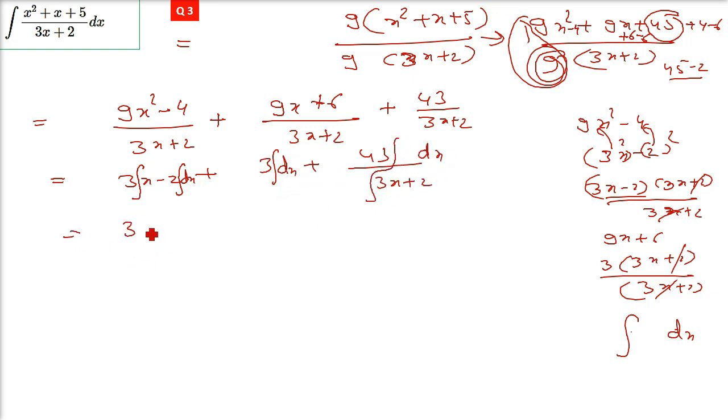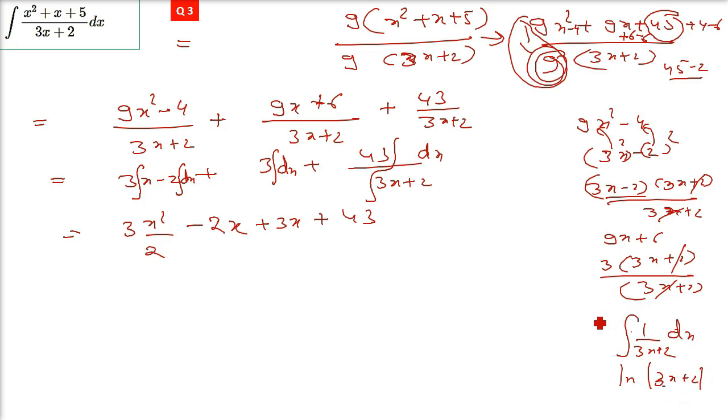So we have 3 into x square by 2, and 1 by 9 is already there, so I'll use it later, minus 2x plus 3x, because integration of dx is of course x, plus 43, and what is 1 by 3x plus 2? It's log 3x plus 2. Integration of 1 by x is log x. Integration of 3x plus 2 is log 3x plus 2. But the job is not finished.